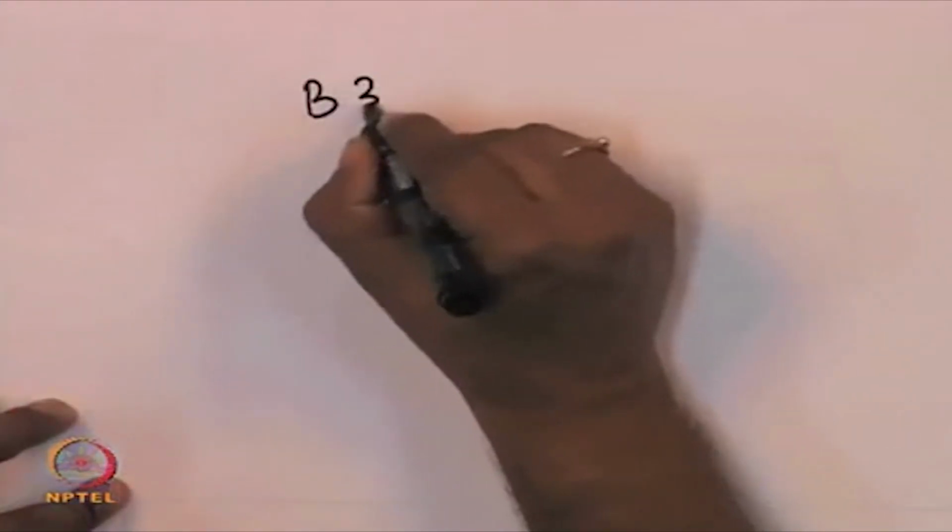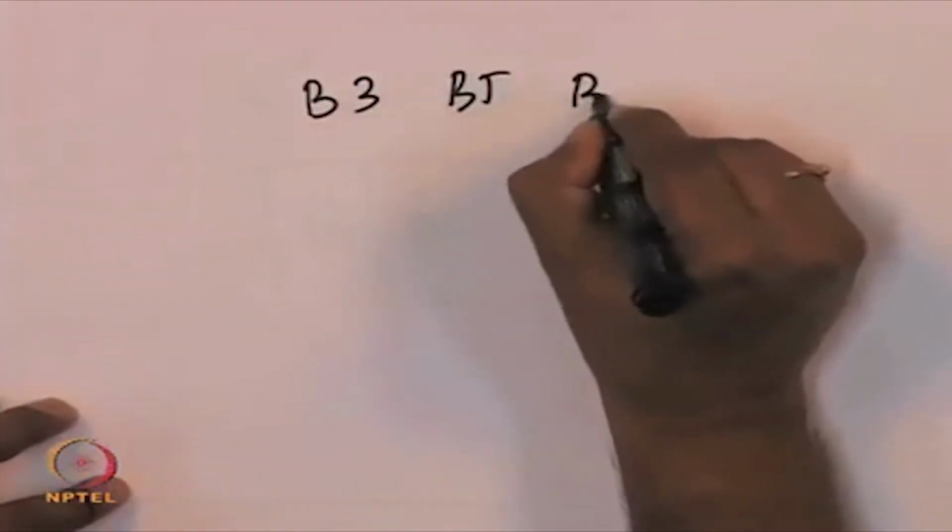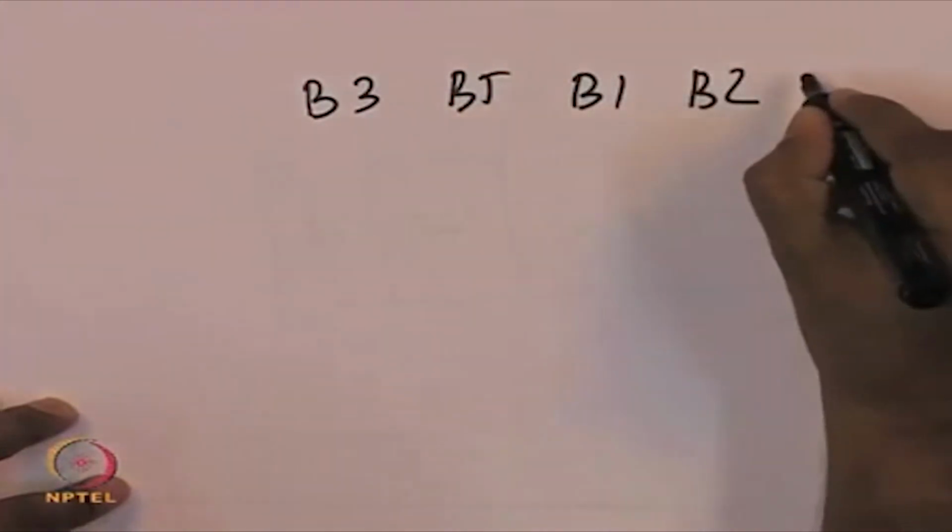Now, at home we have only very few books. We don't really care about keeping them in a particular order. Like we don't know which is the first book, second book. We don't really care about accession numbers or serial numbers at home. So, at home we take all these books and put them in some order, maybe like B3, B5, B1, B2, B4.